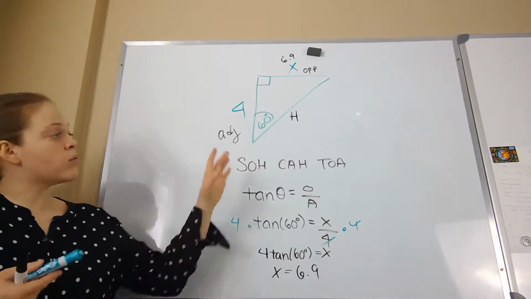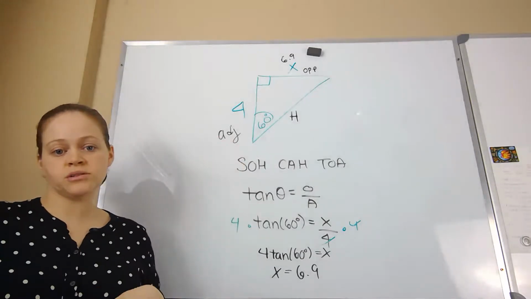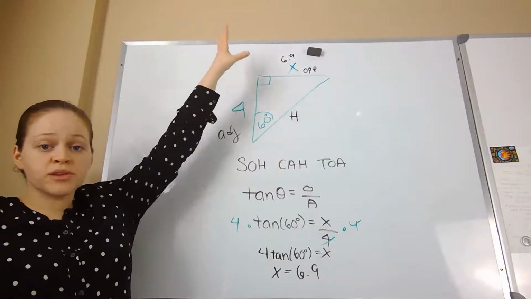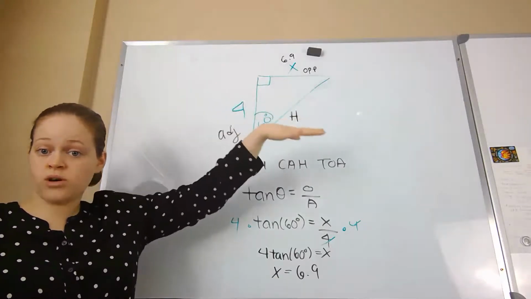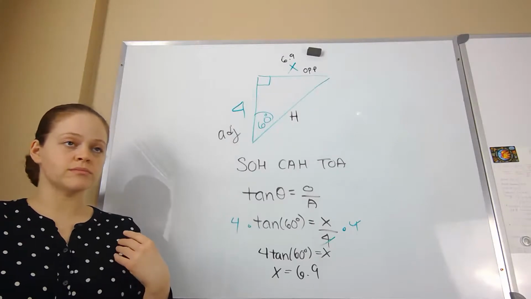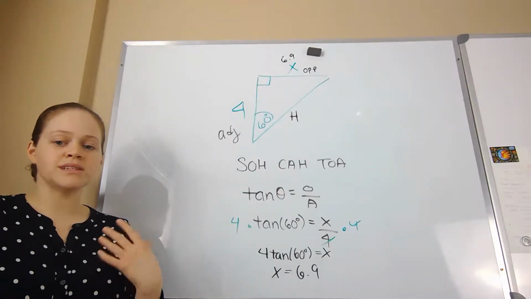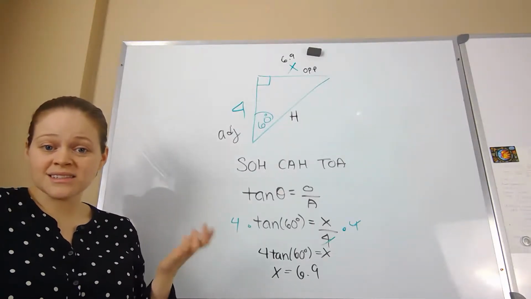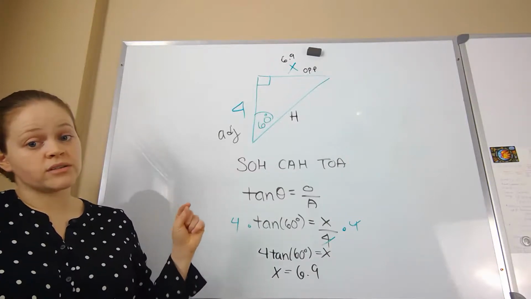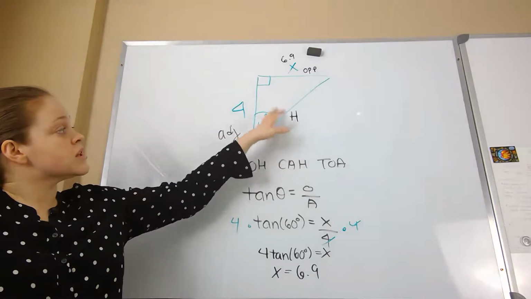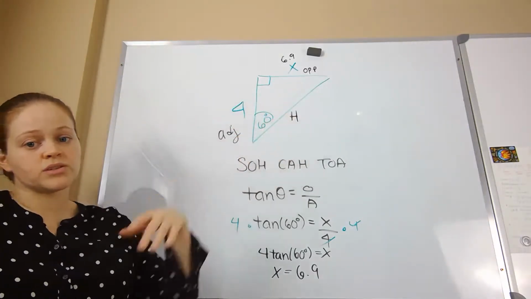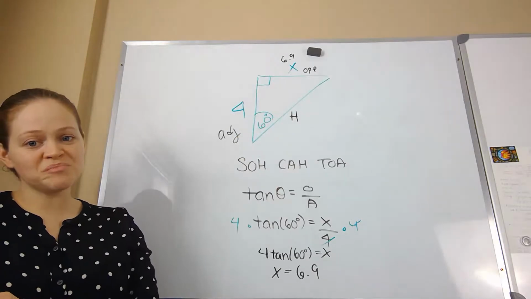If I wanted to solve for the hypotenuse, I could use Pythagorean theorem because I have 2 sides and 1 unknown. But since I don't know if I'm right on a test per se, I would like to use stuff I was already given. So if I want to get the hypotenuse, I'm going to use the adjacent and the hypotenuse and the angle. Okay, so then you're looking at cos. Sound good?